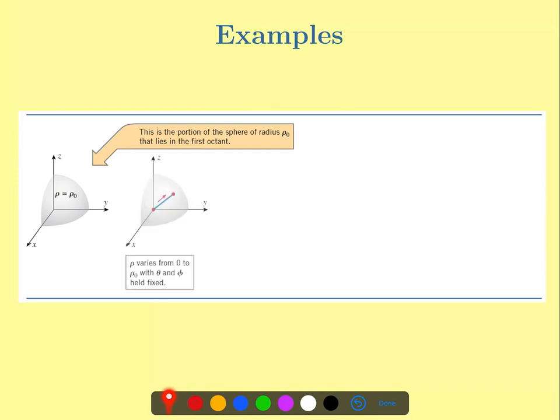And that's the first picture they show. Next, we want to look at phi. Phi is the angle from the positive z-axis, and we're going all the way from the top here to the xy plane in this picture. So phi is going to go between 0 and pi halves.